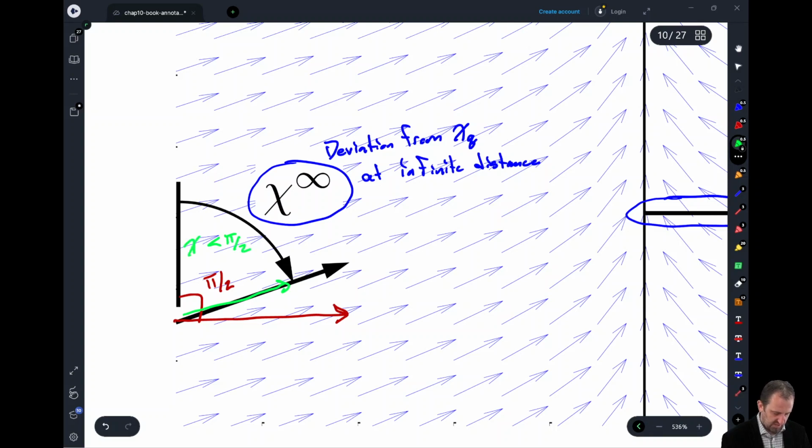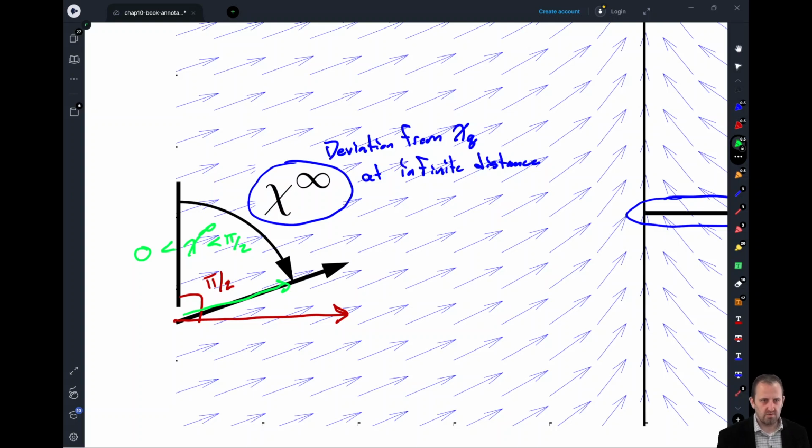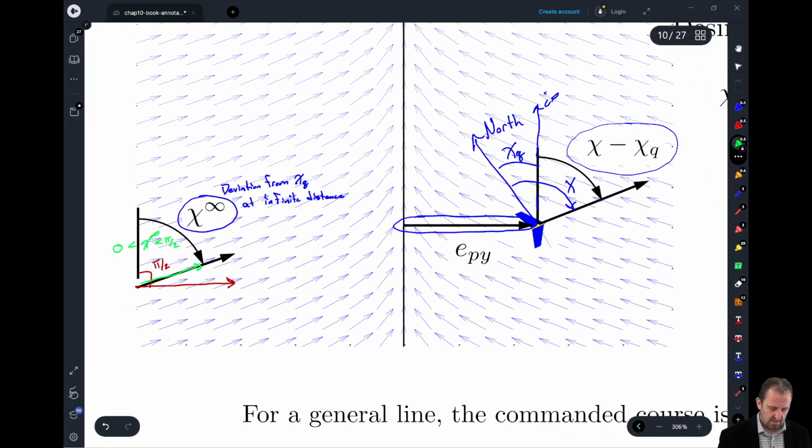So less than π/2 will be our χ_∞, and it's going to be greater than 0. That way we're pointing pretty close to going towards the line, but maybe just a little bit along the line, so we are moving in the direction that we want to. But again, that is a design choice. Remember, that's just a deviation from χ_q at an infinite distance. Okay.